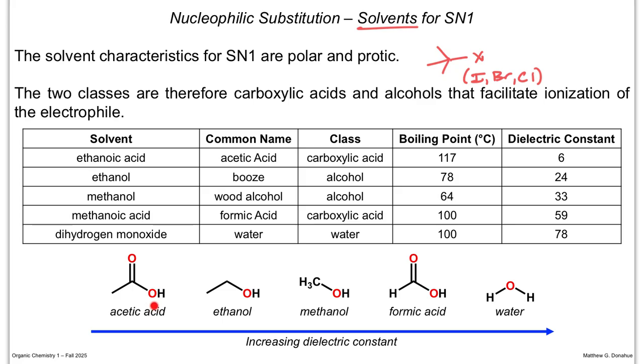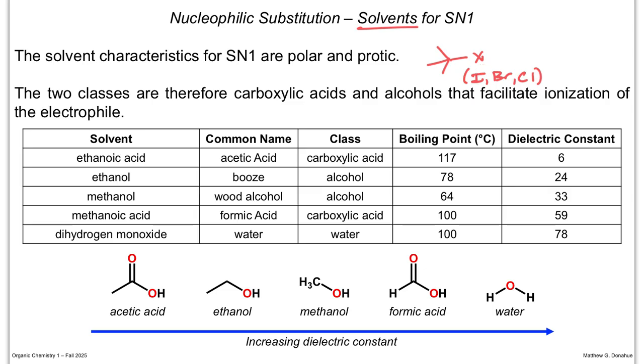So if you use acetic acid as the solvent nucleophile, what you're going to end up with is an ester as the product. If you use an alcohol, you end up with an ether. So probably on Wednesday, we'll look at where these X groups can be OH.